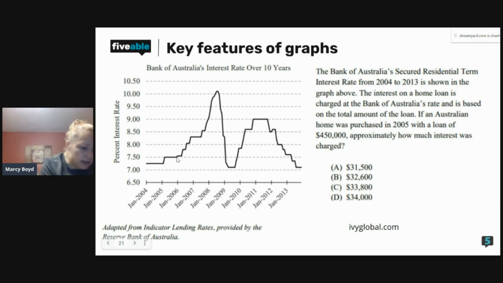So when I look at that, I'm just going to go in here again, 0.0725. When I entered the 7.25%, I got 32,625, which is right at B. When I put my 0.075, I ended up at 33,750.